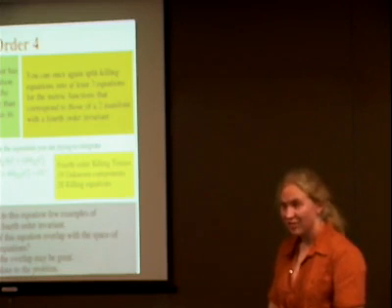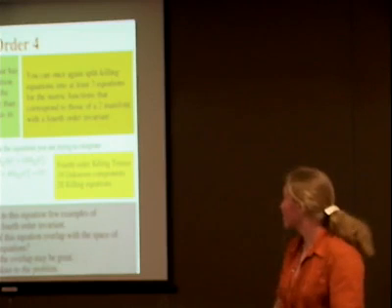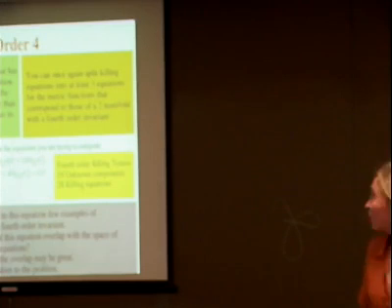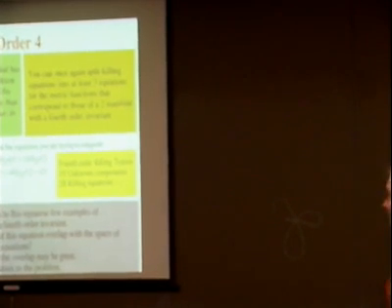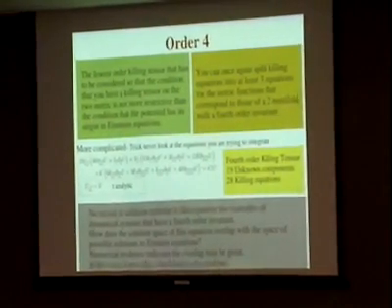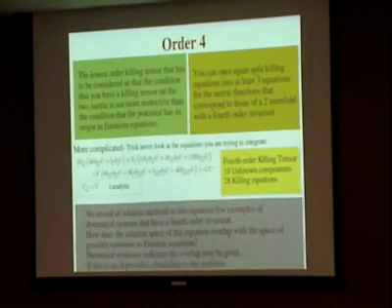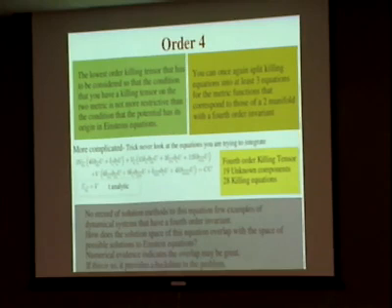Okay, so now order 4. It's the lowest order Killing tensor for which the condition that the Killing equations are satisfied is not more restrictive than the condition that your potential comes from Einstein's equations. You can again do a whole bunch of work on it, and you can attempt to solve the 28 coupled Killing equations for the 19 unknown components, which is a tremendous mess.